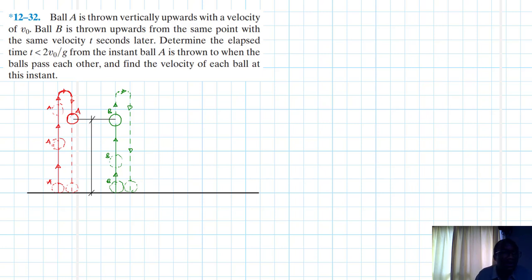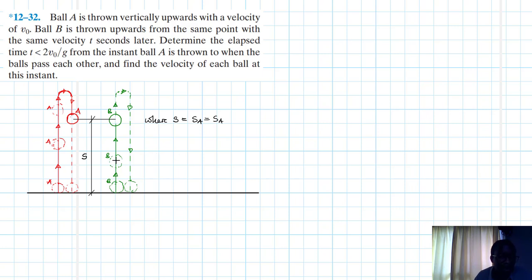So there's going to be a point when their displacement is the same. So this is S, where S_A is equal to S_B.